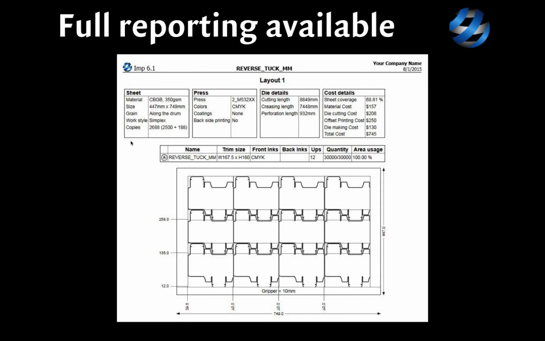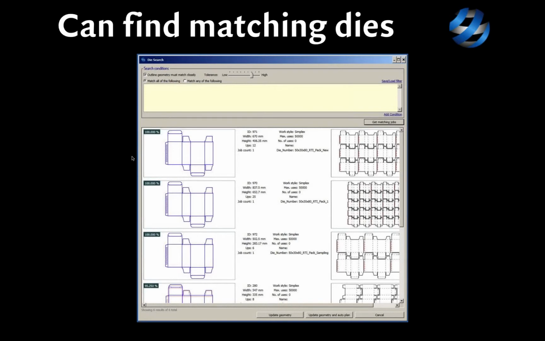And then once you've done that, you can create a report that has all of the details on there, including things like cutting length and creasing and perforation length, but also a split of where the cost comes from for this particular job. So you have built-in reporting in there as well. You also have that for bound jobs, by the way. I didn't show that. I don't have time to show all of the details of the application, but you also have that on that side.